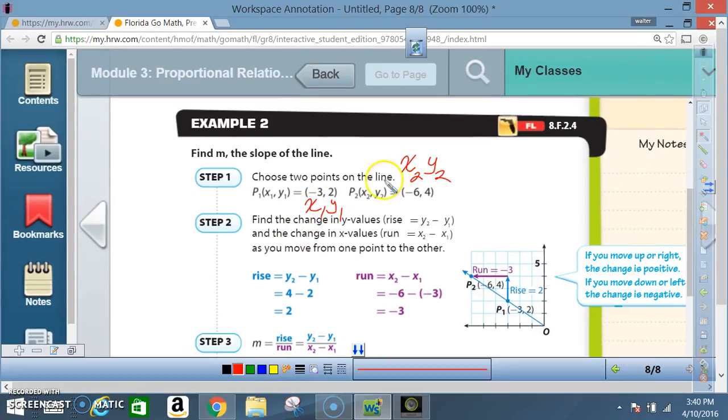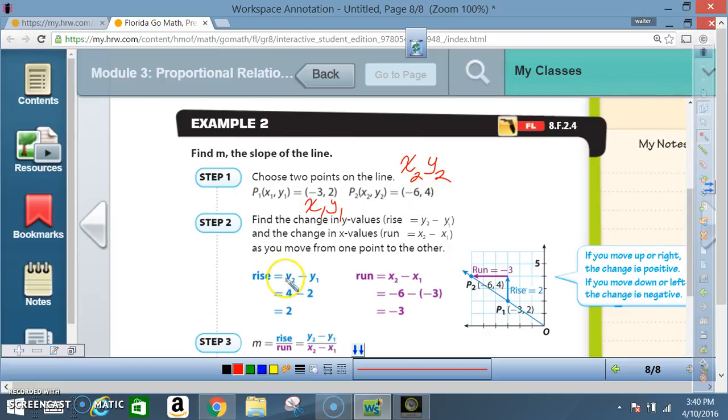Okay, now so you don't get confused, you should always label your points. In this case, right here is x1, and there's y1. Right here is x2, and the 4 is y sub 2.